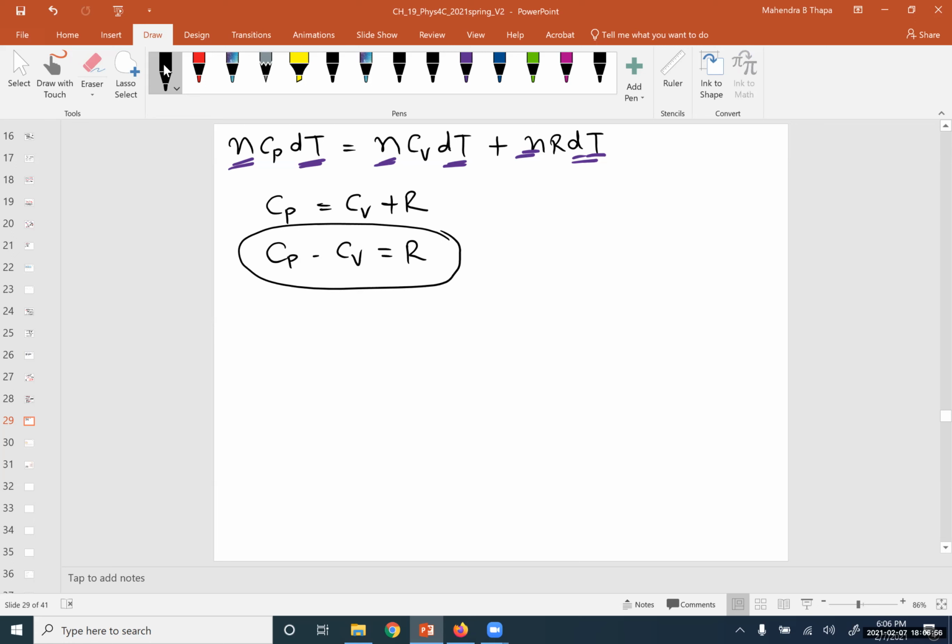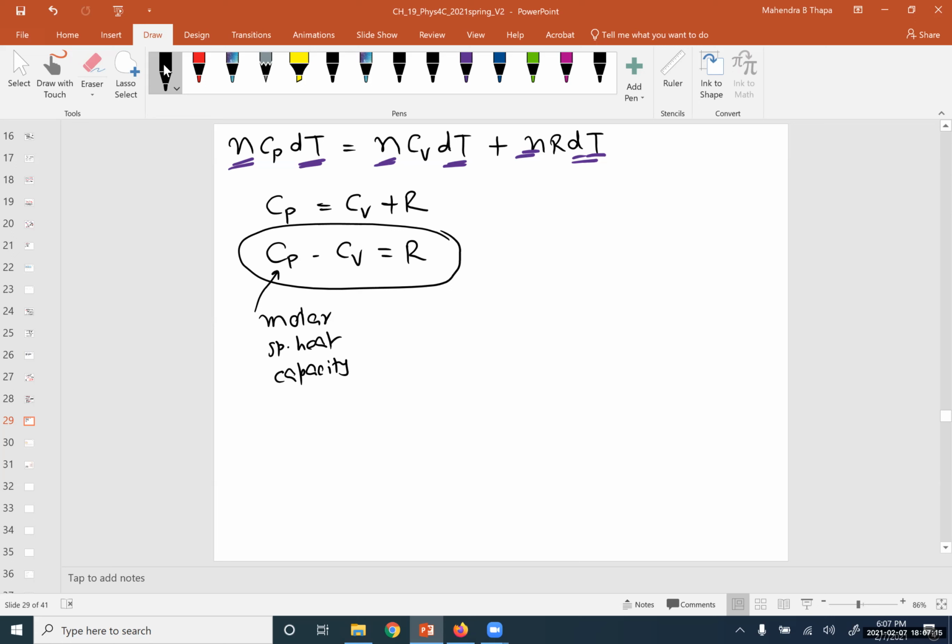These are also called molar specific heat capacities, because we started with the gas in moles.